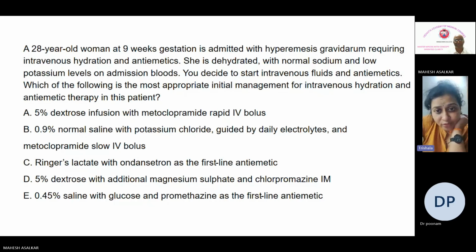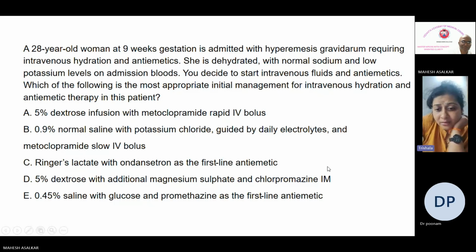Option A, 5% dextrose infusion with metoclopramide rapid IV bolus. B, 0.9% normal saline with potassium chloride guided by daily electrolytes and metoclopramide slow IV bolus. C, Ringer's lactate with ondansetron as the first line antiemetic. D, 5% dextrose with additional magnesium sulfate and chlorpromazine. And E, 0.45% saline with glucose with promethazine as the first line antiemetic.